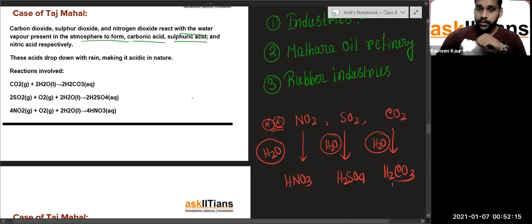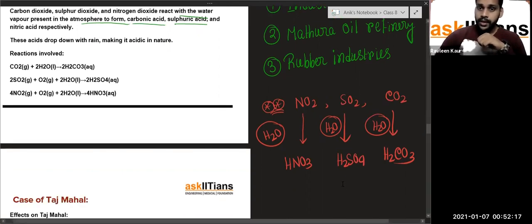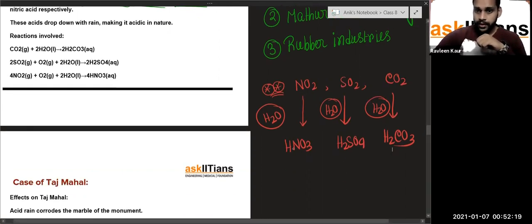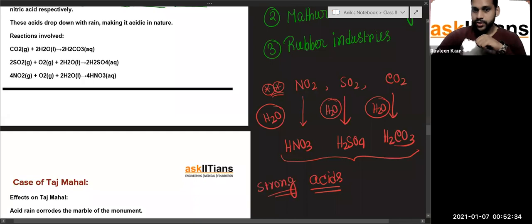Now you can see they are all acids, right? Tell me, strong or weak? They are strong acids, right? They can burn you. Now these acids, what are they doing? They are coming down with rain.